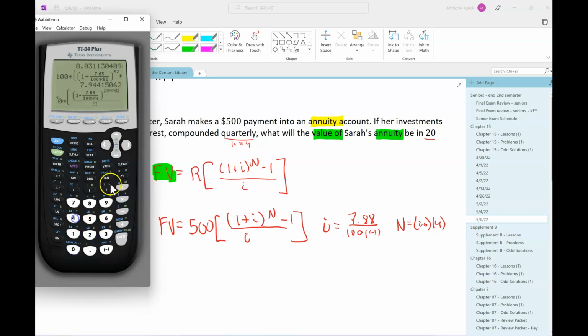This was a pain to type in prior to calculators having this updated operating system.